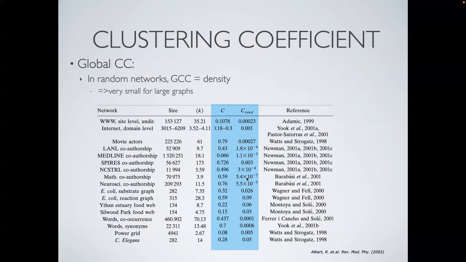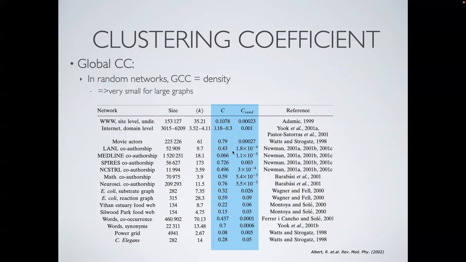Same network means they keep the number of nodes, they keep the number of edges, they randomize the position of edges, and they compute the clustering coefficient on that network. And what you see is that actually the real value, in most of the cases, is much larger than the random one.